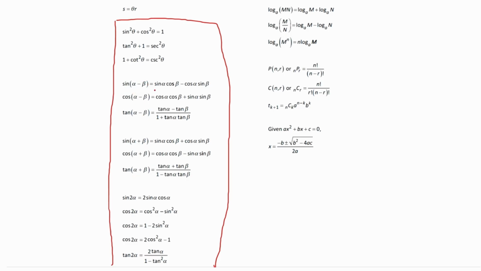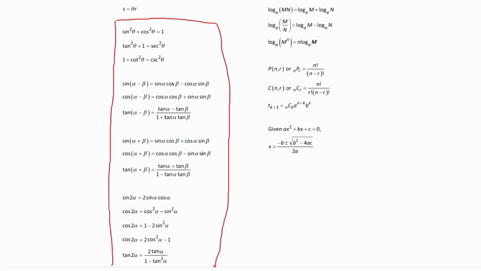Then come the two theta ones, and honestly guys, it's just looking at the question and looking at your formula sheet and seeing which identity works. If you pick an identity and use it, you're going to get to the right answer.